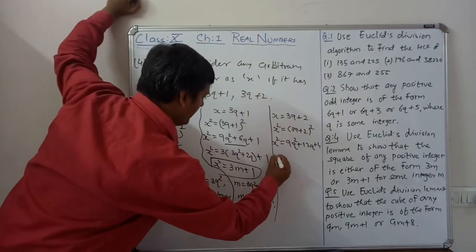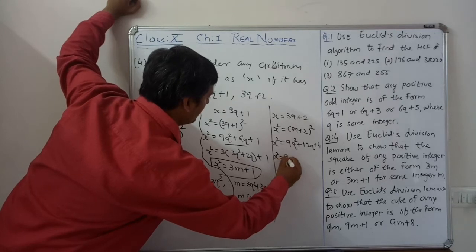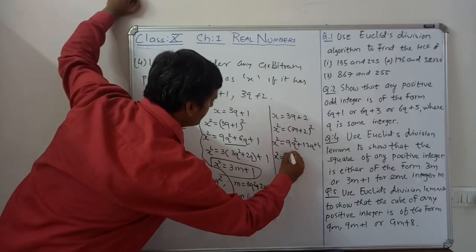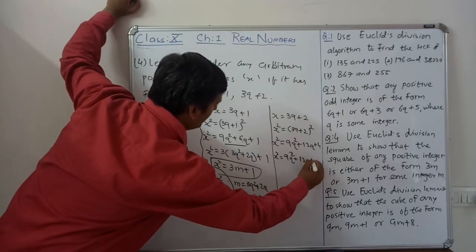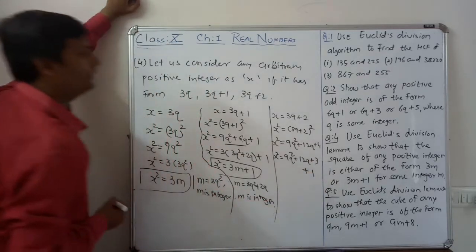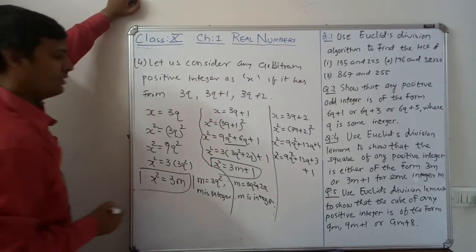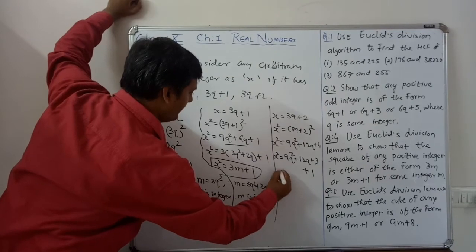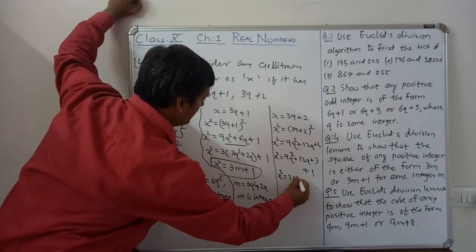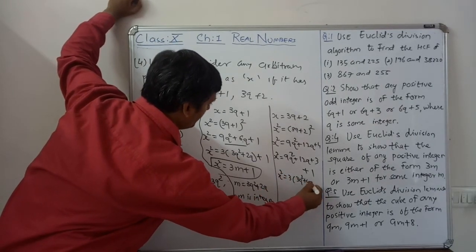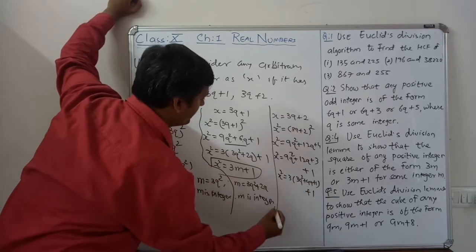Okay, what will we do here, children? x squared is equal to 9q squared plus 12q plus 3 and plus 1. Understand? Okay, so for this number x squared, 3 common: 3(3q squared plus 4q plus 1) and plus 1 as it is.